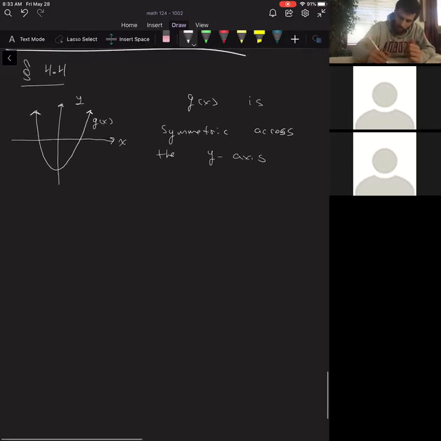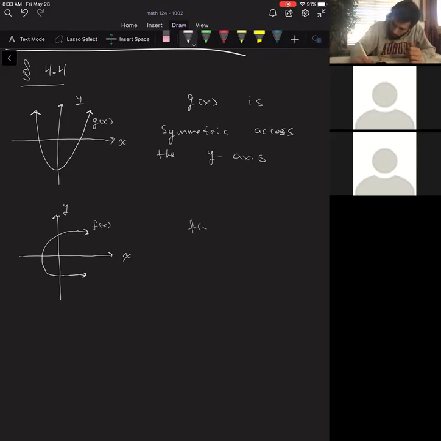And then let's draw another set, a y-axis here, an x-axis here, maybe something like this. Let's call this one f of x.